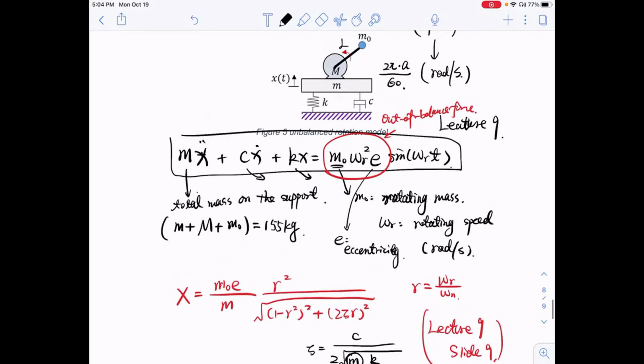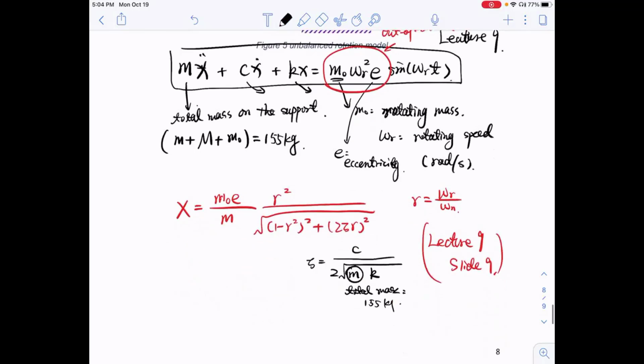It's not just the small m, it's everything sitting on the support. The same thing here, this m, I should use m prime, the total mass. And then your E here is just L, the eccentricity. Your m naught is just the rotating mass.